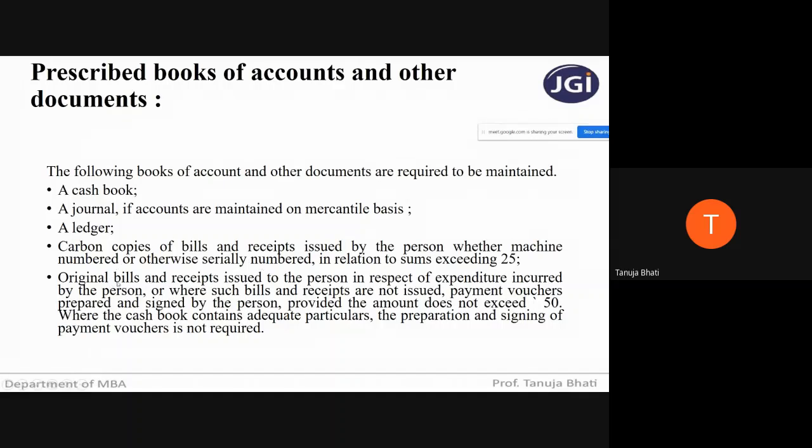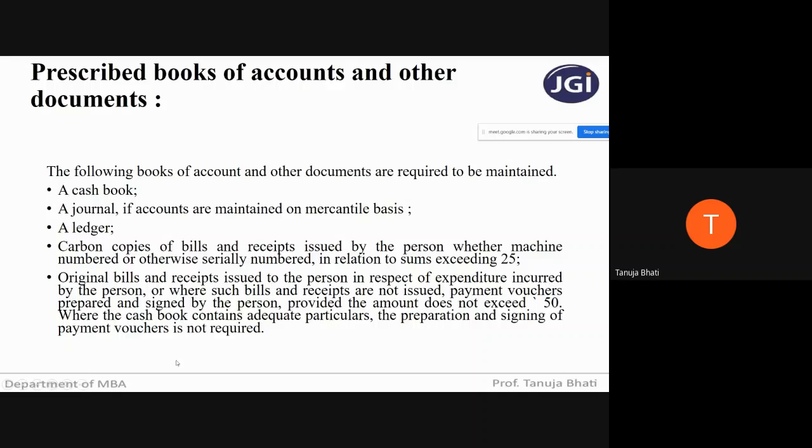Then original bills and receipts. In case of purchases, if any business is making purchases, then the original bills of that expenditure have to be maintained, and payment vouchers have to be maintained and properly signed.